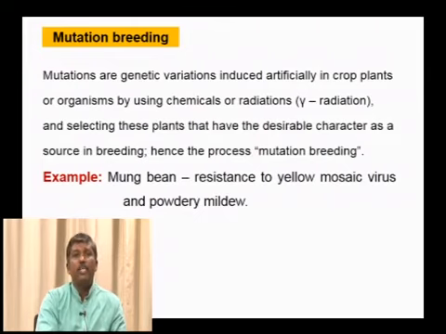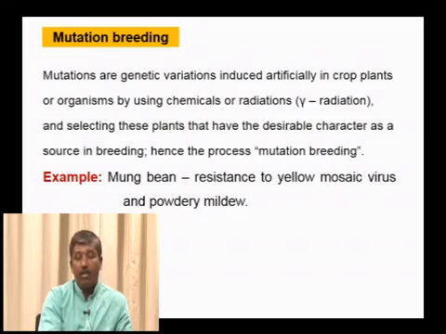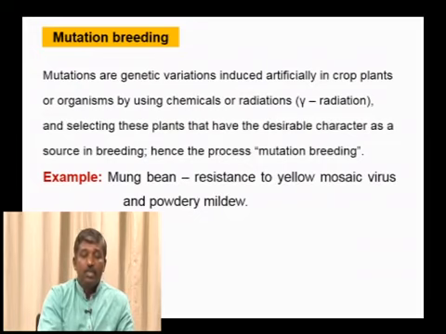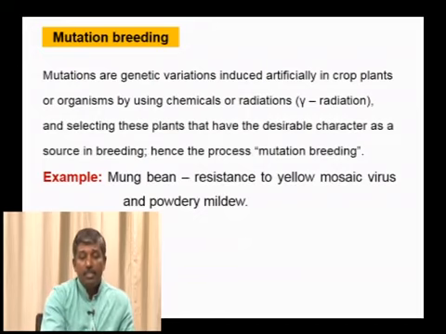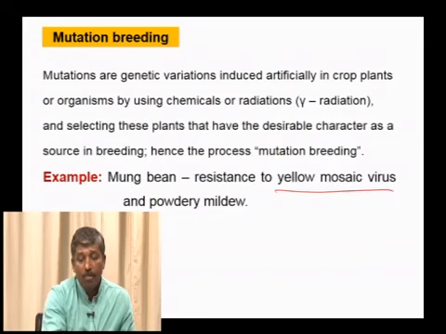Once we induce mutations by chemicals or radiations, the mutations induced may sometimes be beneficial or harmful. If they are beneficial, we select them, for example resistance to diseases or high yield. One such example is mung bean, which is resistant to yellow mosaic virus as well as powdery mildew.